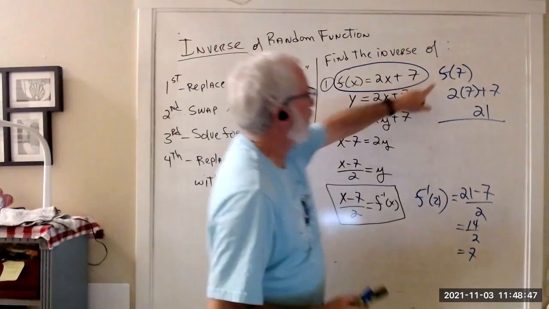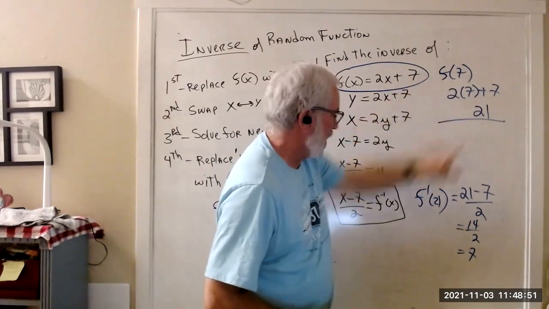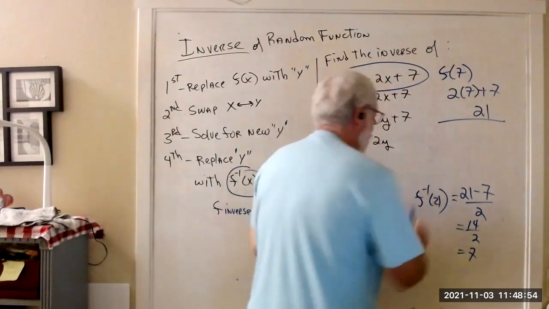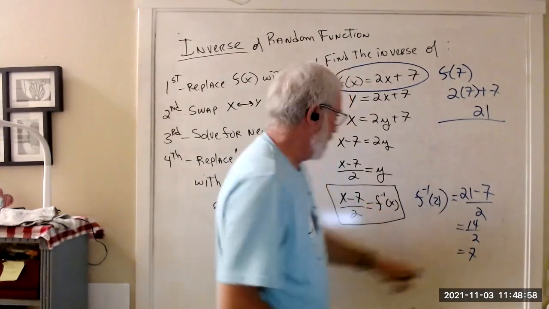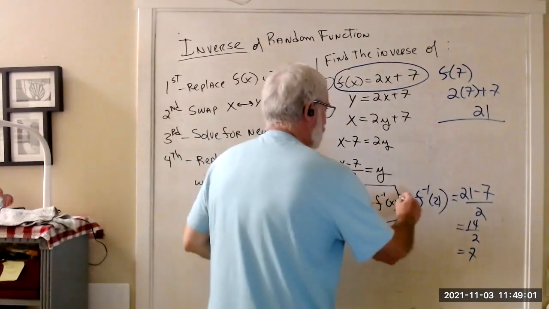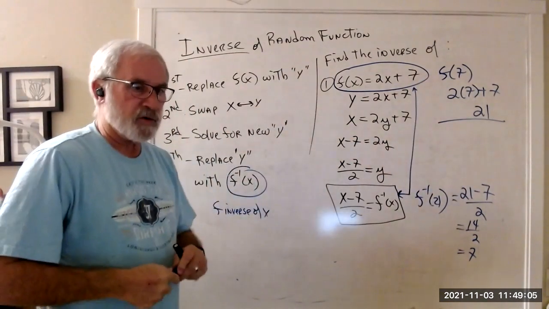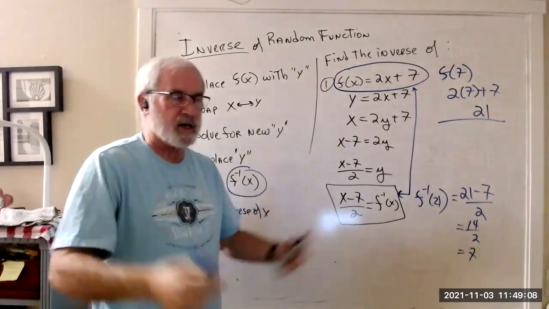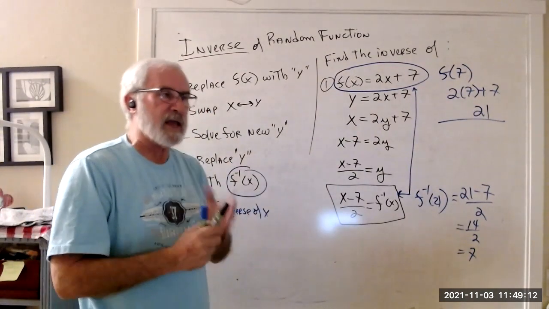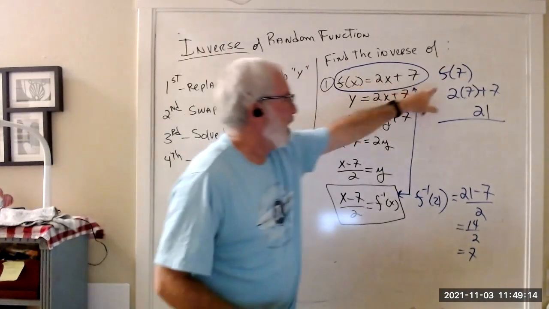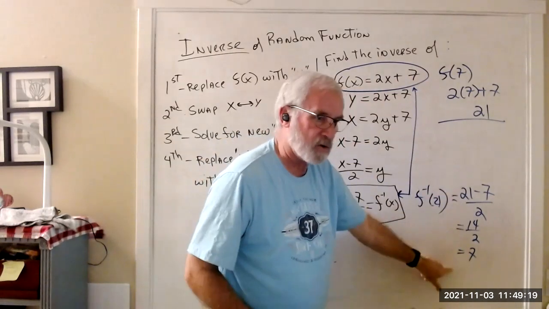So if the f function takes 7 and turns it into 21, f inverse takes 21 and mathematically changes it back to 7. So these two functions are the inverses of each other. They're not just some function I made up randomly, like I do up here a lot. They're the inverses of each other. They cancel each other out. Whatever f did to change a number, f inverse changes it back to its original.